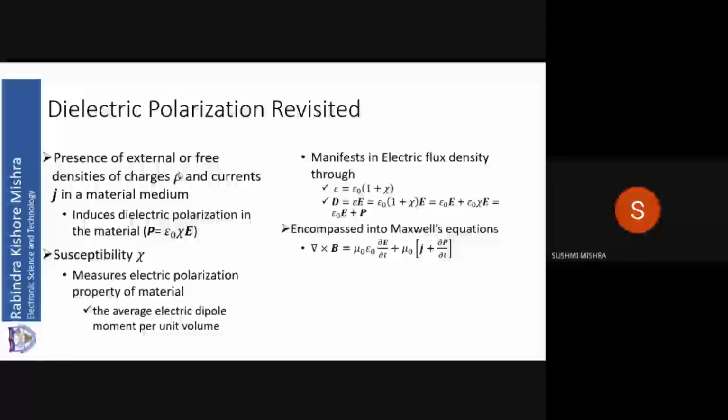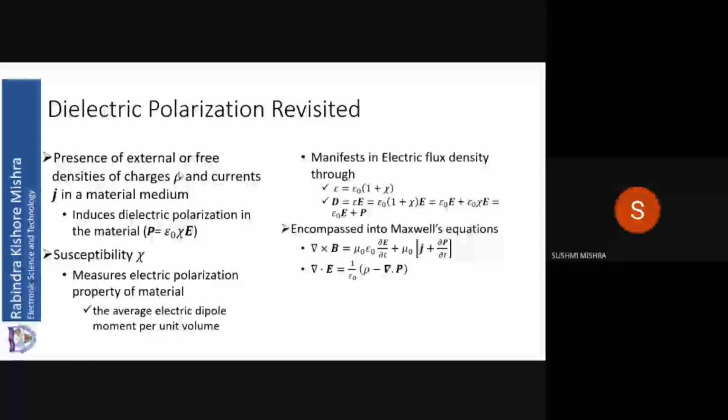For dou D by dou T, if I replace the D from the above equation, I will get this much. So mu 0 epsilon 0 dou E by dou T plus mu 0 J, that is the conduction current, plus dou P by dou T.